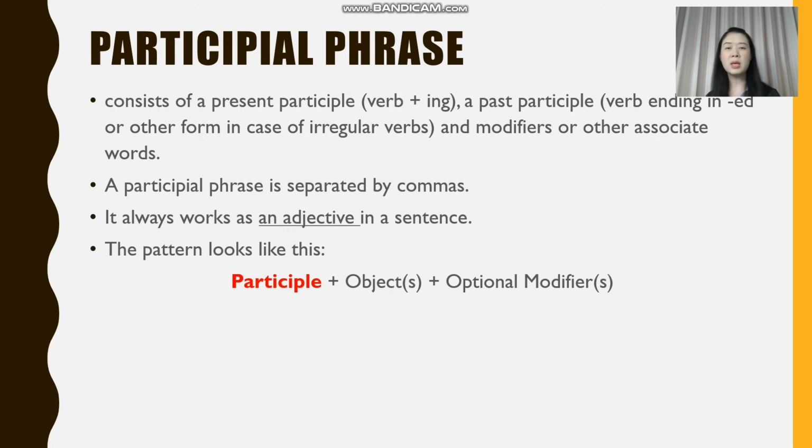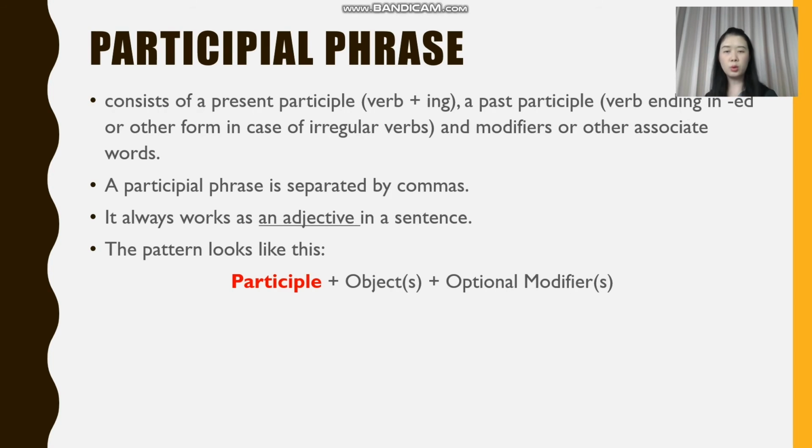So if we are talking about a participial phrase, there will be two forms: verb-ing, or verb-ed, the past participle form of that verb, and modifiers or other associated words. A participial phrase is normally separated by commas, and we normally use it as an adjective in a sentence.